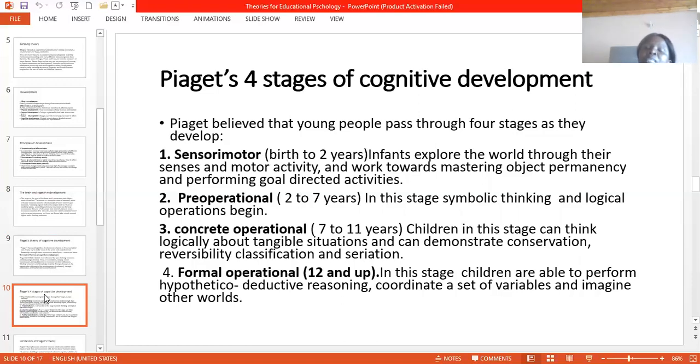That is a stage between birth to 2 years. Infants in this stage explore the world through their senses and motor activity, and work towards mastering object permanency and performing goal-directed activities.